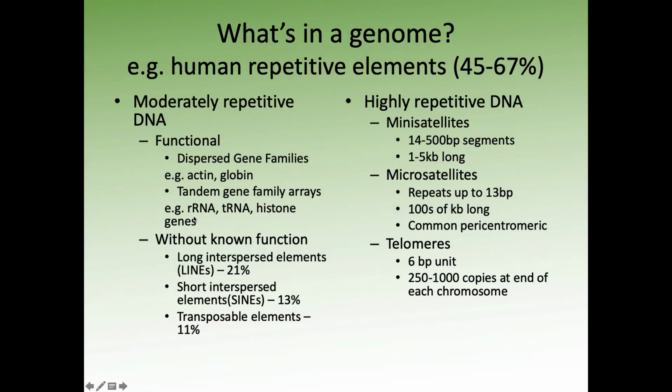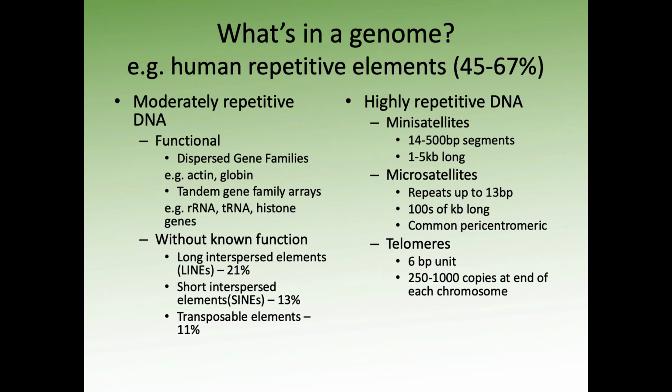In addition to these genetic components, I think it's really important that we spend some time thinking about and talking about repetitive elements. We talk a little bit about repetitive elements in some of our other genome classes where we talk about genetics. But if you think about it, the human genome, for instance, I told you is only 2 to 3% coding sequence.